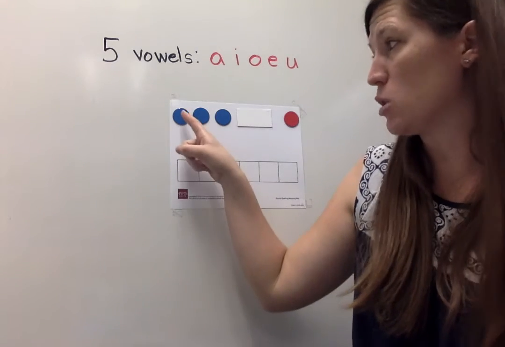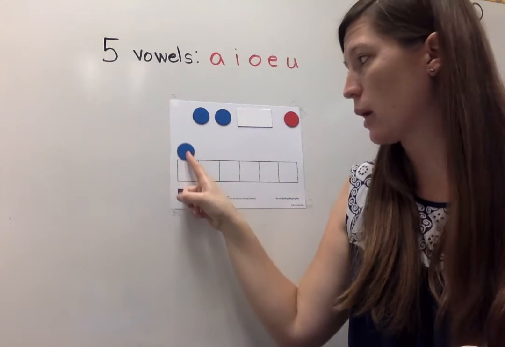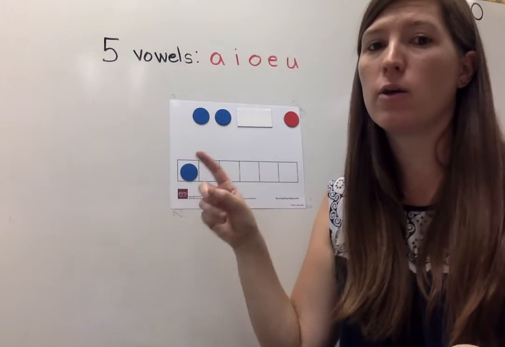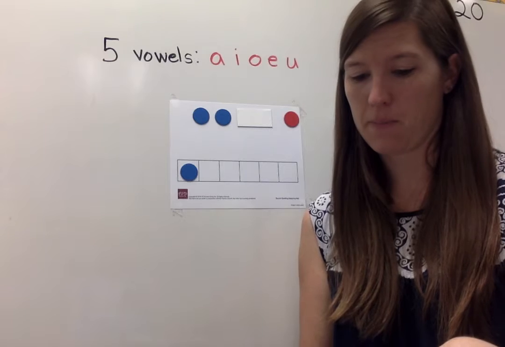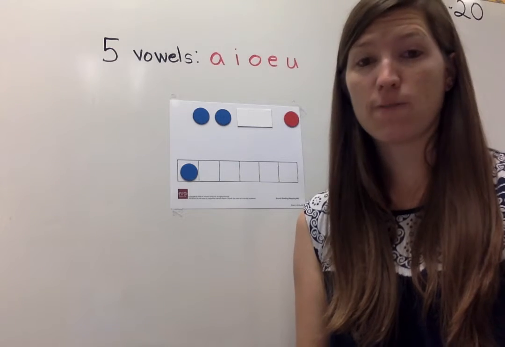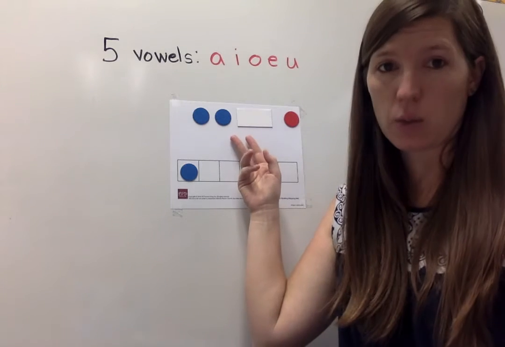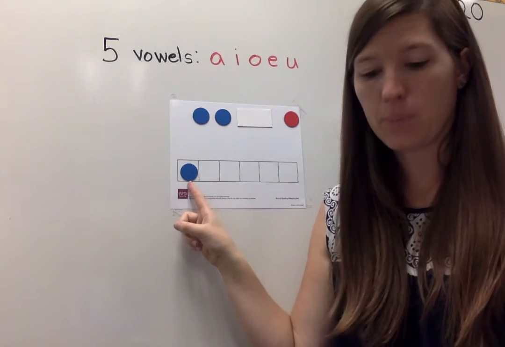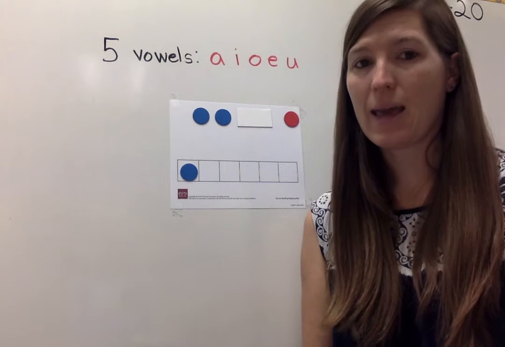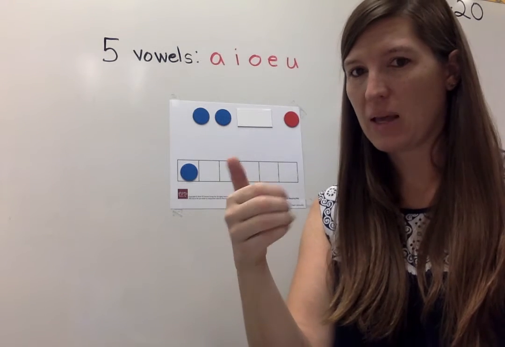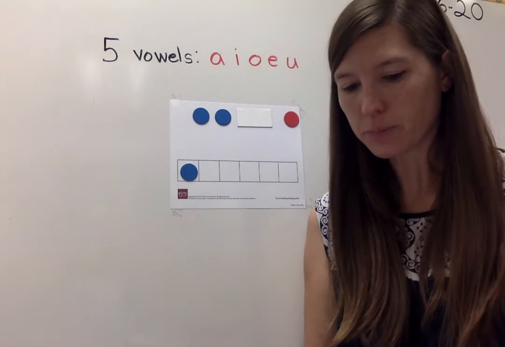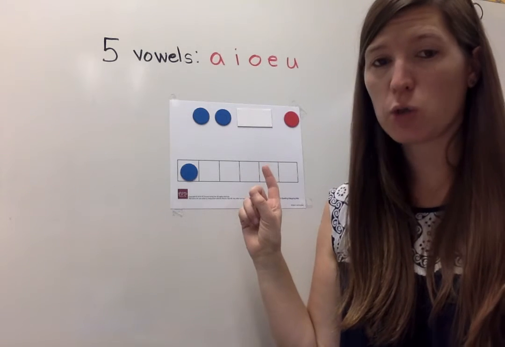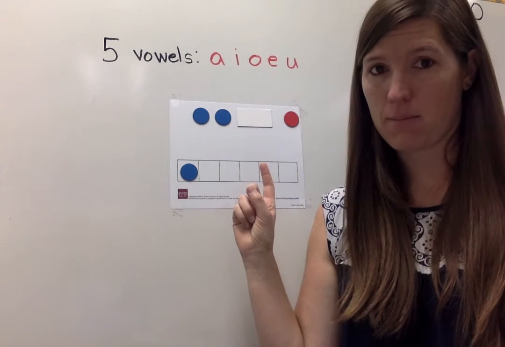Blue. Because blue is a consonant sound. M, consonant letter M. What's the phonogram? That's the nasal one that we're working on today. What's the phonogram sound? An. An. Man.